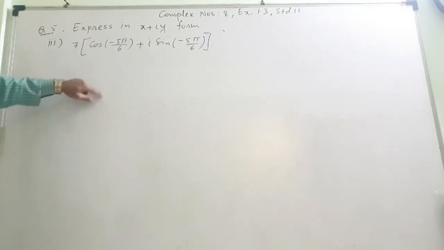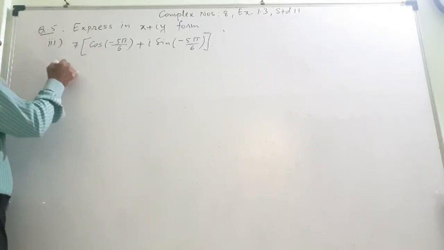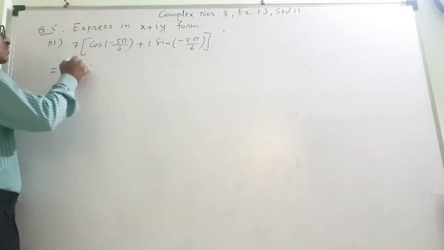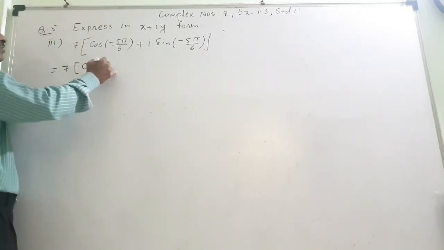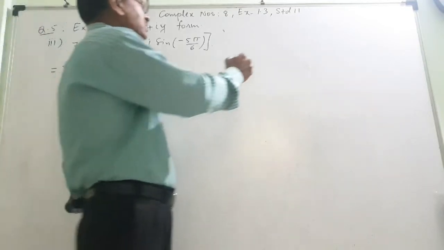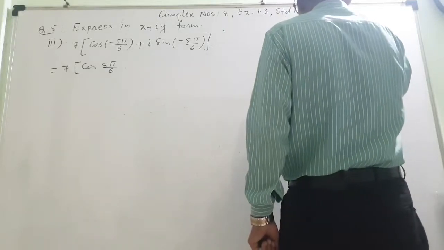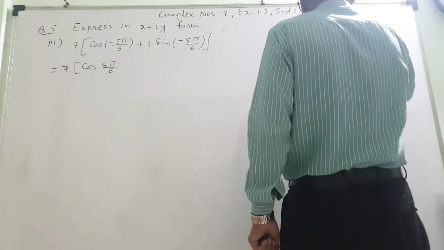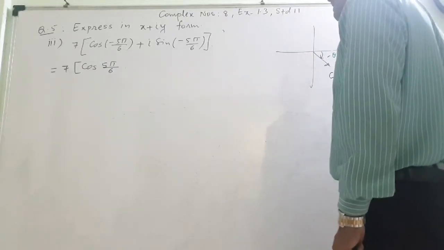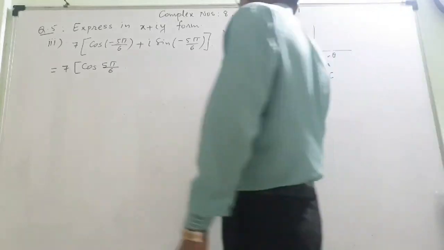So this first of all I have to find. 7 cos of minus theta is equal to cos theta, cos of 5 pi by 6. Do you know this? See this. Minus theta means here it will be minus theta. The angle is lying in the fourth quadrant, where cos is positive. That's why cos of minus theta is equal to cos theta.